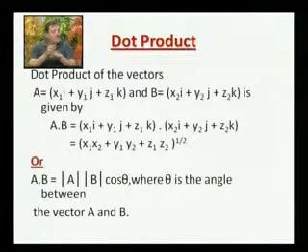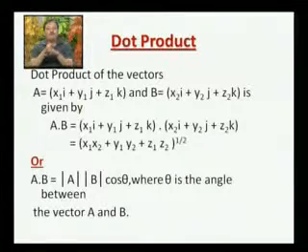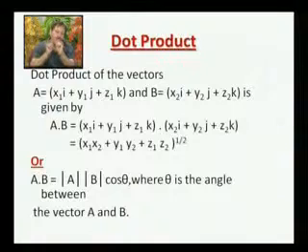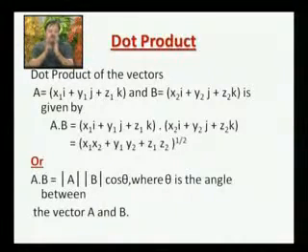Suppose we have a vector A equal to x1i plus y1j plus z1k, and another vector B equal to x2i plus y2j plus z2k. Then the dot product, what we call A dot B, is x1i plus y1j plus z1k dot x2i plus y2j plus z2k.